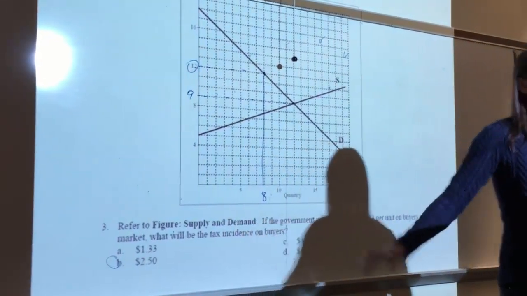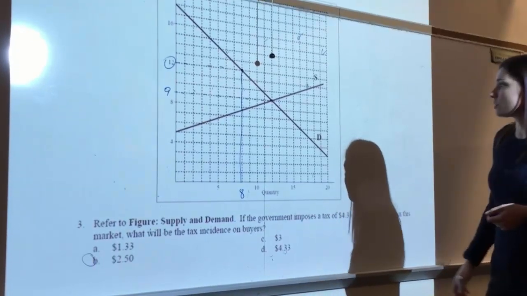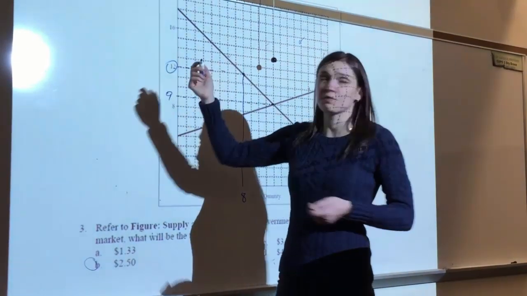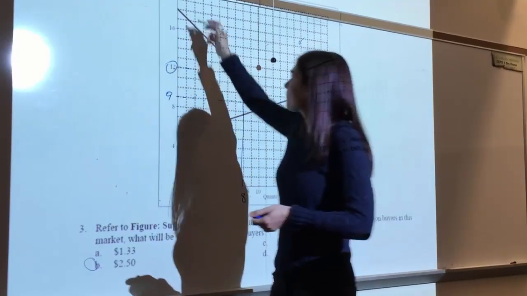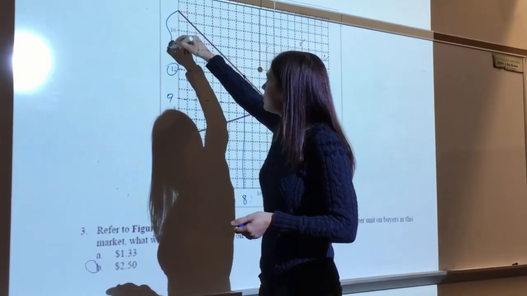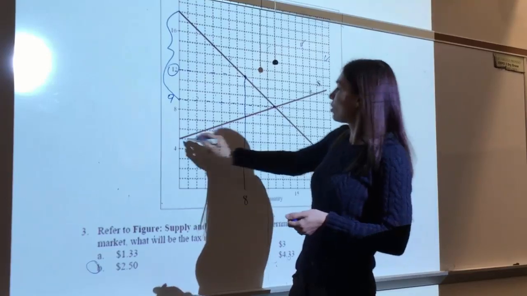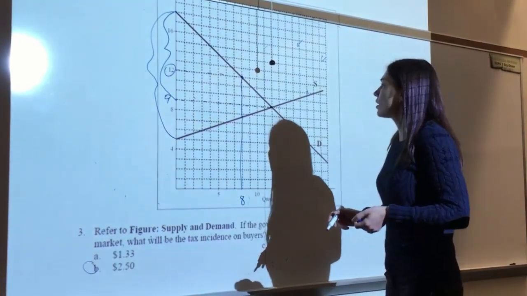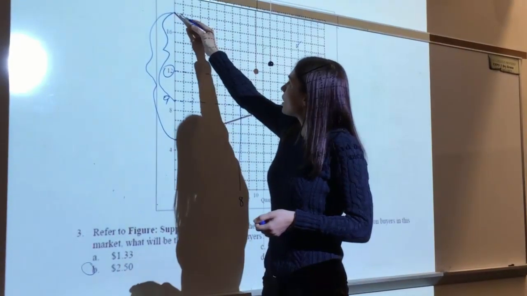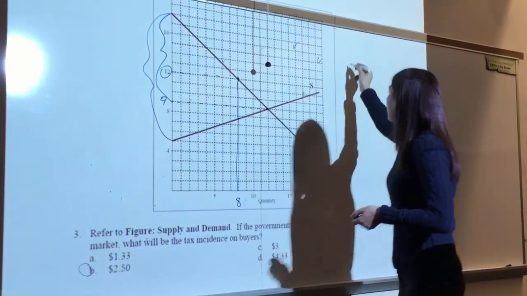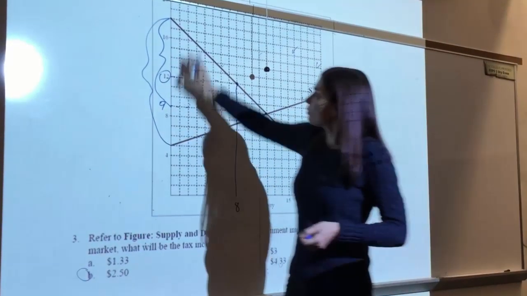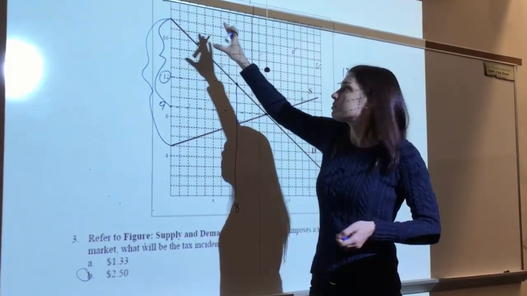Another way to solve for this, or if you had been asked for the tax incidence on buyers or sellers without any specific number in mind, we said that the proportion of the tax paid by buyers is the ratio of this distance to the whole distance here. So we could have done it this way as well. This is 18 minus 9, divided by, well, the difference in the intercepts.